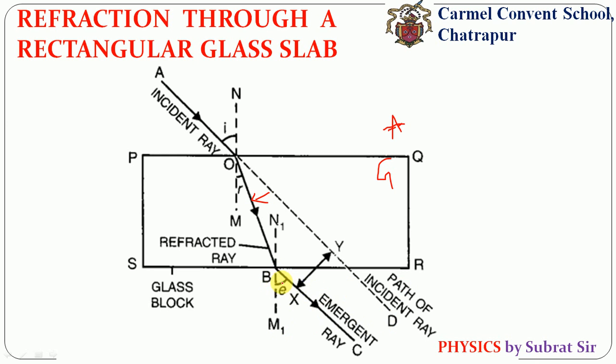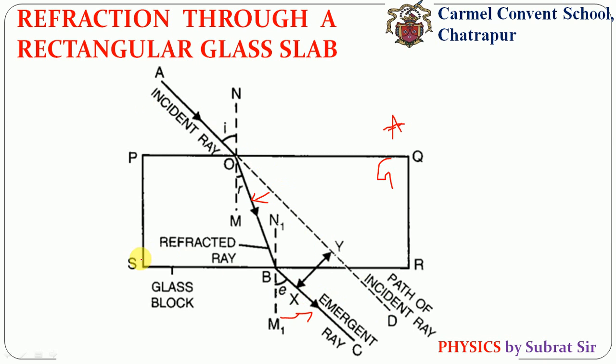It will bend away from the normal because it is passing from a denser to a rarer medium. Now draw the lines AO, OB, then BC. Then we simply extend AO, and we get a line which meets at D. So we get the line AD.